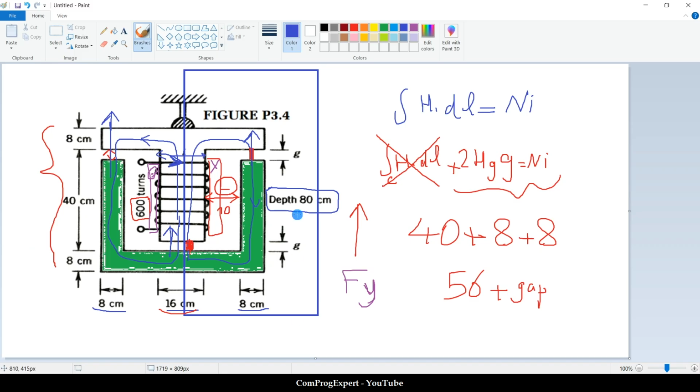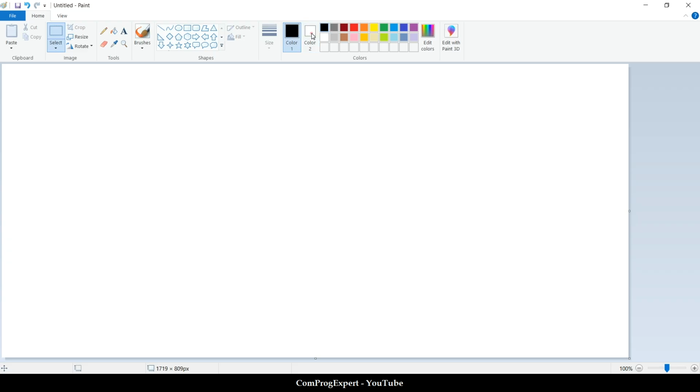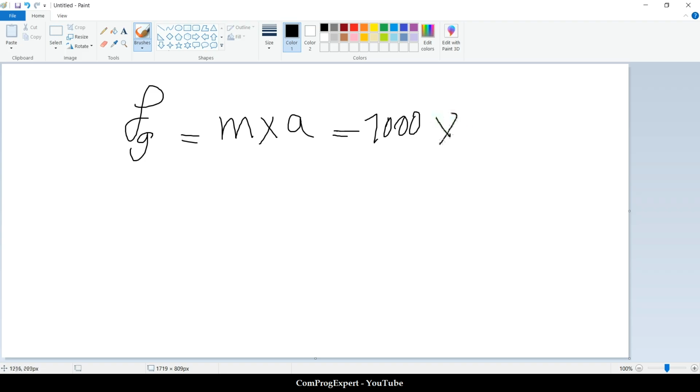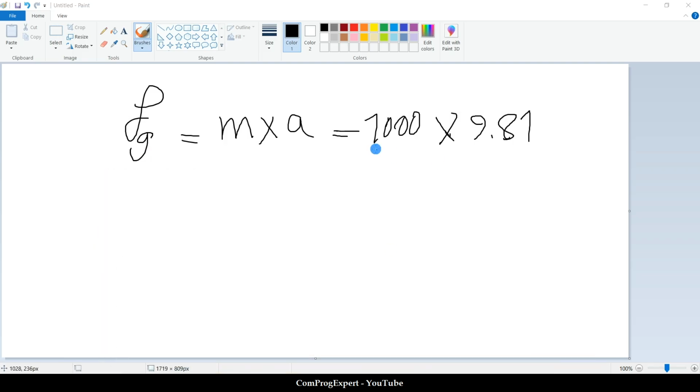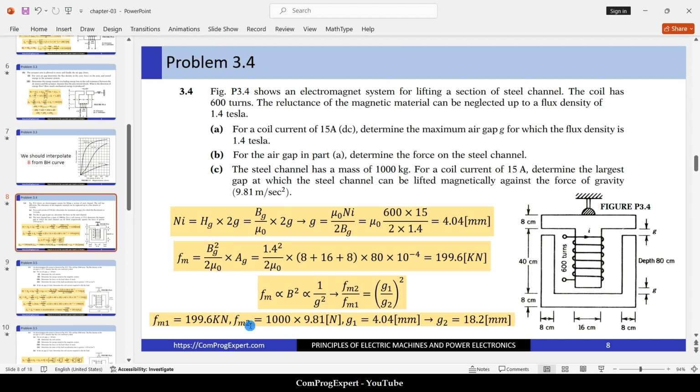It is mass times acceleration. The mass is given in the problem, 1000 kilograms. The acceleration of the gravity is 9.81. So we are going to calculate the maximum air gap thickness that can generate this force, this one here.